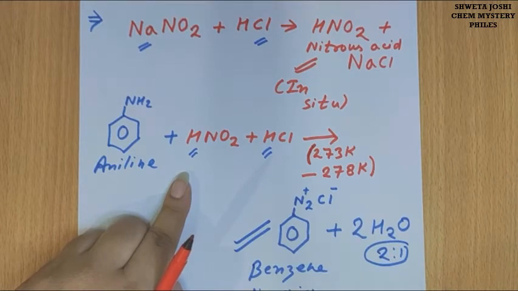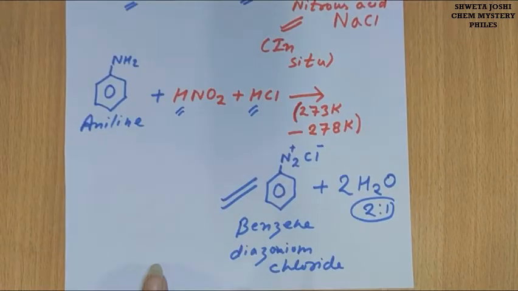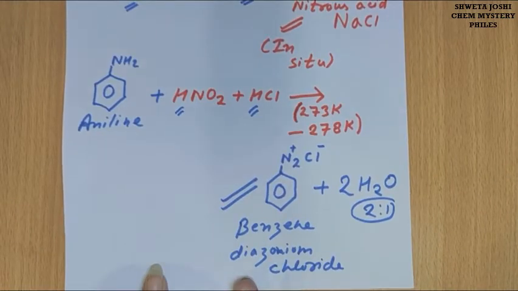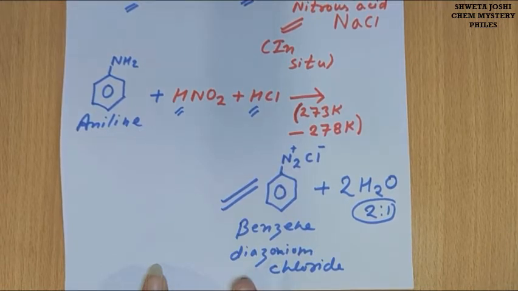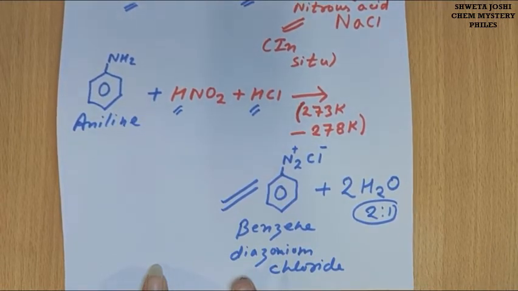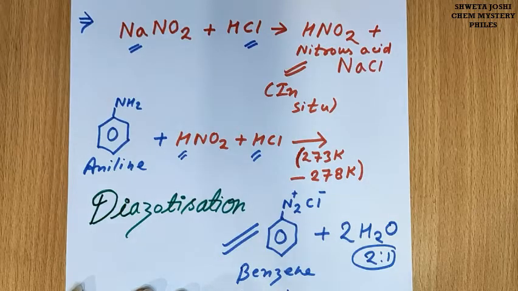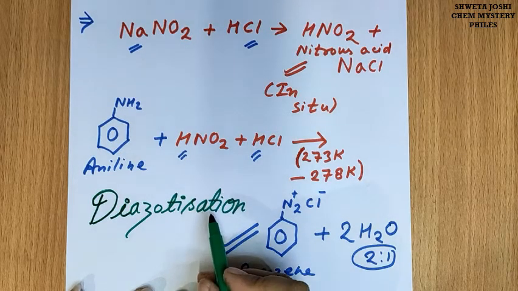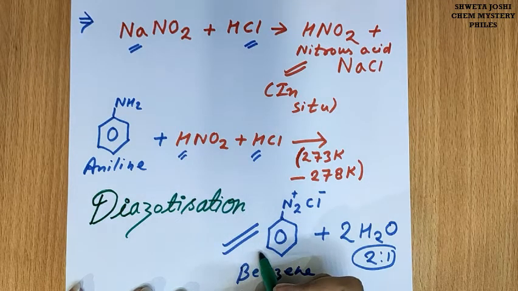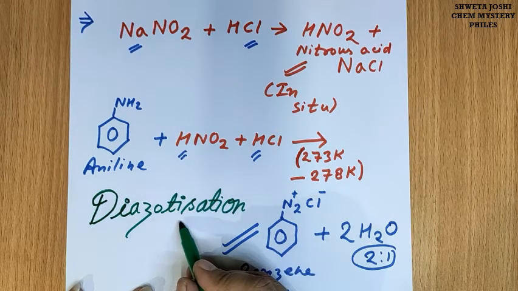So by this reaction we are going to prepare benzene diazonium chloride. Now this benzene diazonium chloride is used for the preparation of haloarenes. This process of preparation of diazonium salt is known as diazotization.